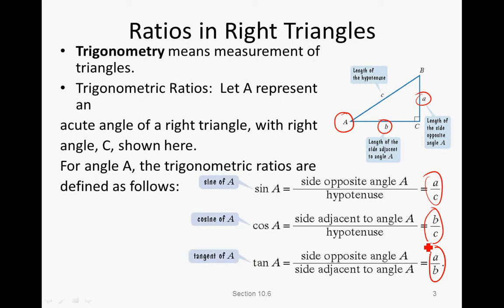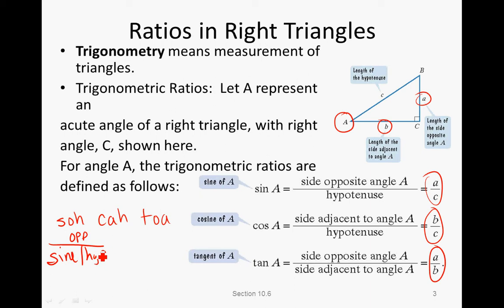Now, most of you probably know that there's an easy way to remember this, and that's called SOHCAHTOA. This is a mnemonic to help you remember that the sine function is the ratio of the opposite side to the hypotenuse, so that's SOH.